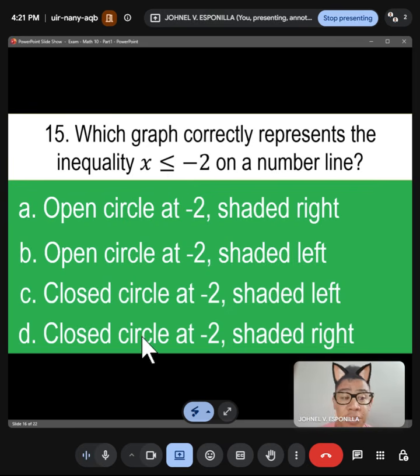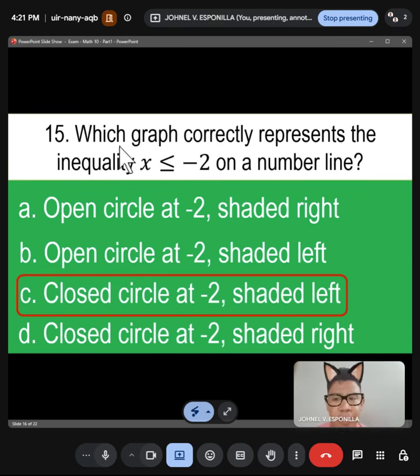So that is letter C or letter D at -2. Since makikita natin na yung less than ay nakaturo po sa left, so the correct answer is letter C. So pag greater than, ang sagot ay letter D, shaded right. Open circle naman pag wala po tayong equal symbol dito sa baba.